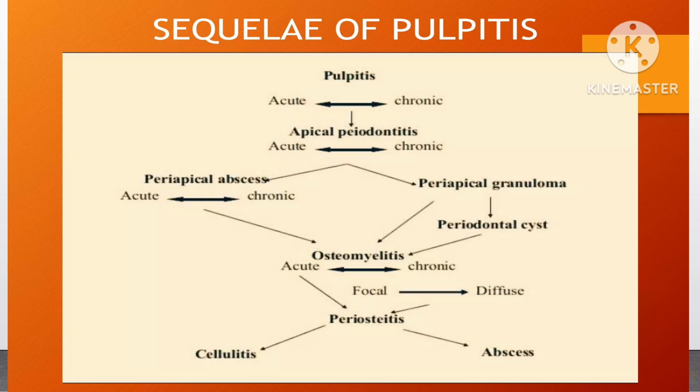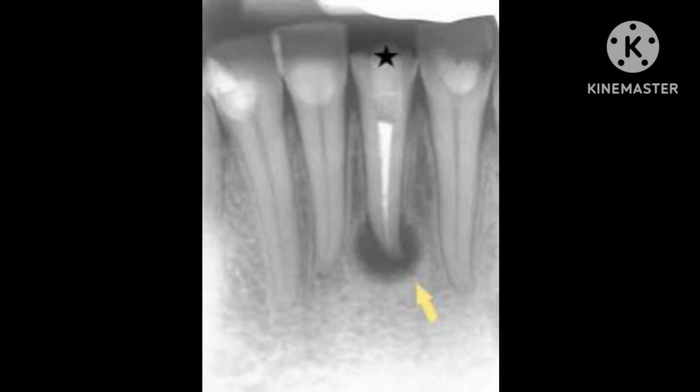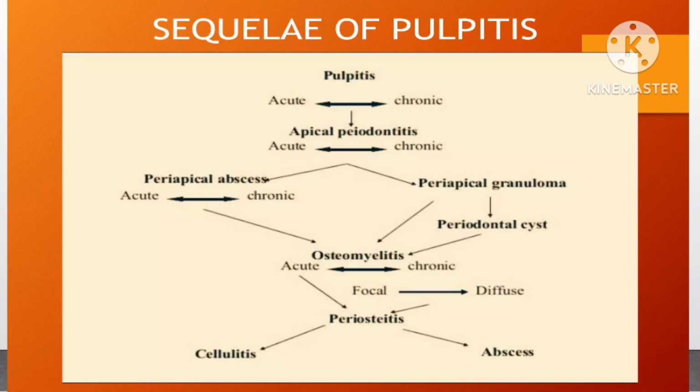Untreated periapical abscesses can spread into the bone, causing osteomyelitis, which is an infection of bone. Osteomyelitis can again be acute or chronic, depending upon the duration of the infection.